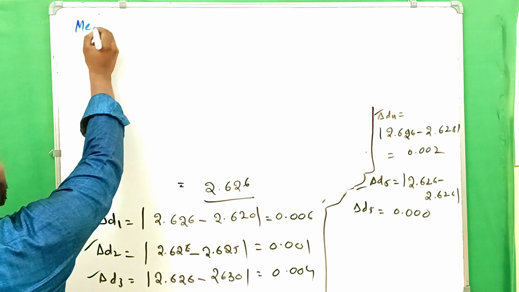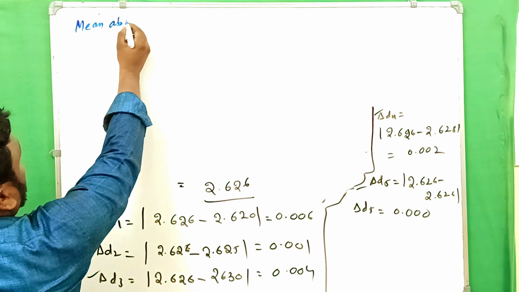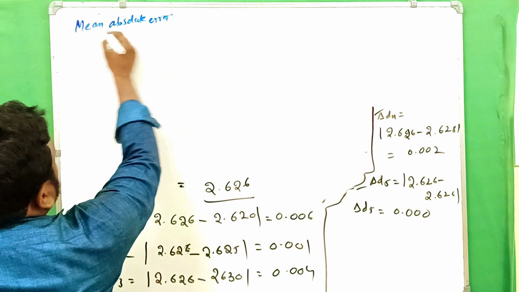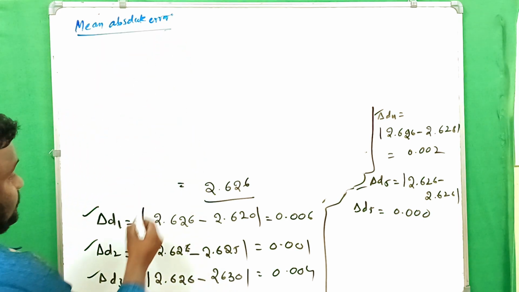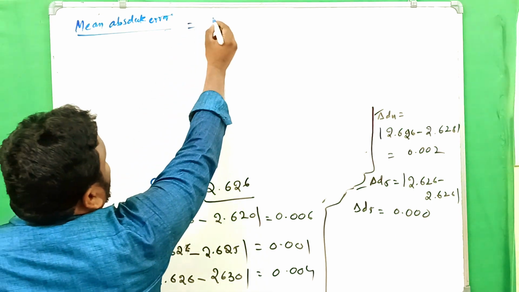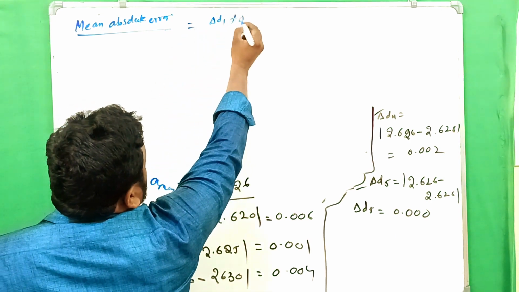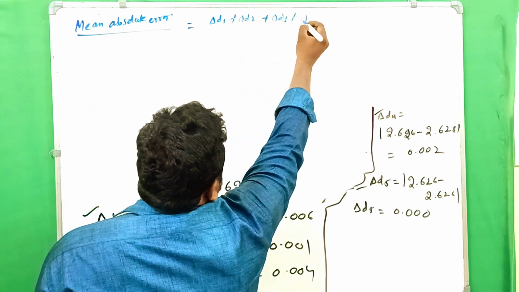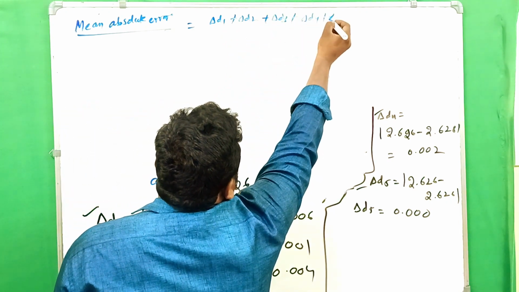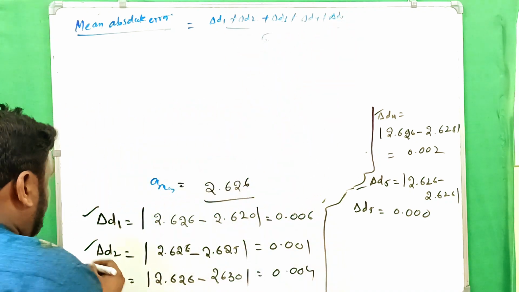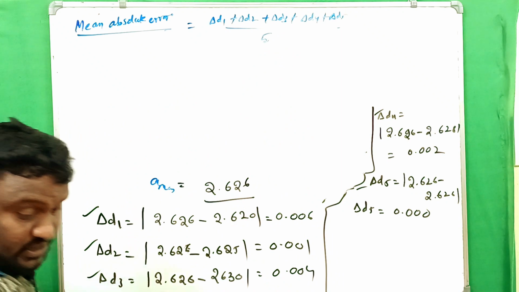Mean absolute error. What is it here? Delta d1 plus delta d2 plus delta d3 plus delta d4 plus delta d5 by 5. Obviously, what do we know here?